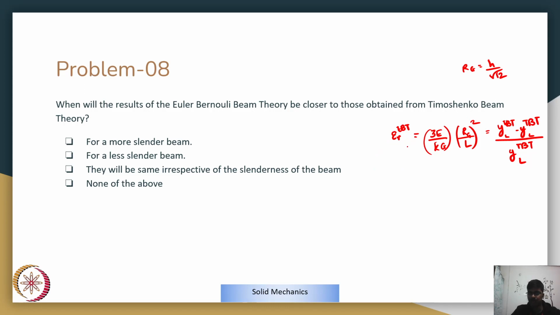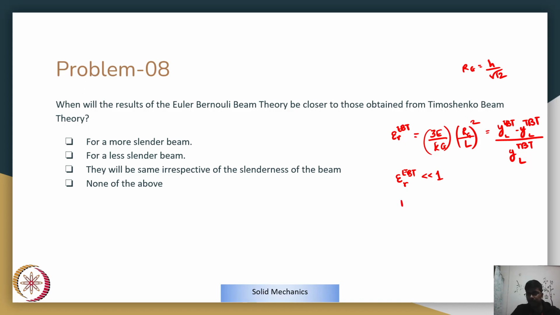Once we have figured out this relative error, for the results to be closer, we want this relative error to be as small as possible, so that it is less than 1.